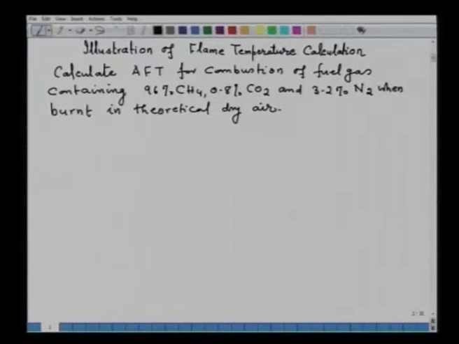So, let us do first of all material balance. So, consider 1 mole of gas.